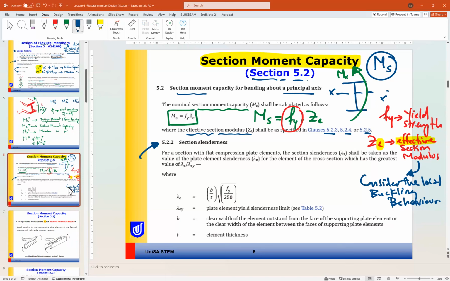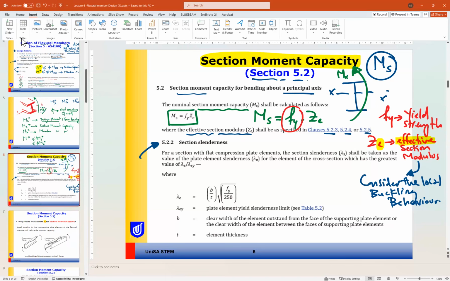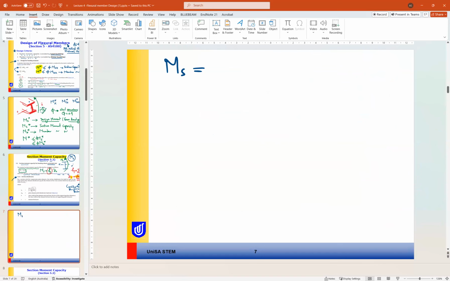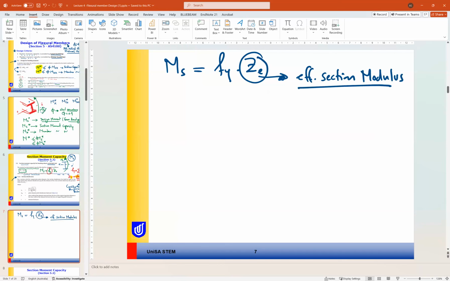Okay, so just before we start: MS equal to F yield times Z effective. Z effective is our effective section modulus considering local buckling behavior.